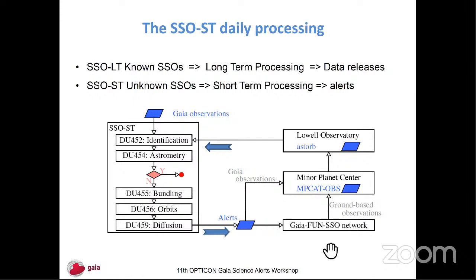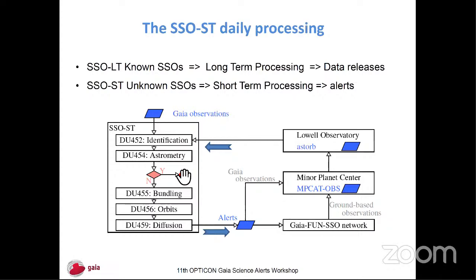These are publicly published and used in a network to provide new observations to the Minor Planet Center, which will also feed another center to build a database for asteroids, which is the ASTORB database. And this ASTORB database is the reference catalog to identify the asteroids observed by Gaia.